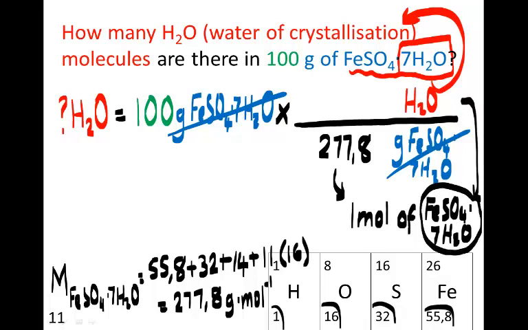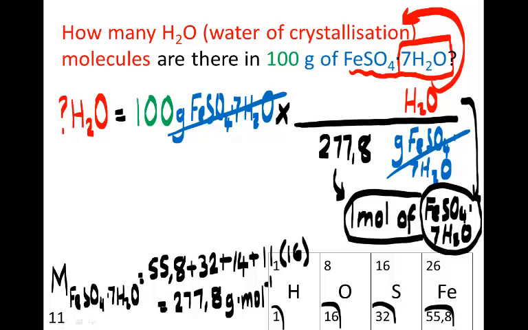So we need to ask ourselves, how many water of crystallizations are there inside 1 mole of iron sulfate? So that the top also refers to a mole of this iron sulfate. And we know that there are 7 moles of water of crystallization inside 1 mole of iron sulfate.